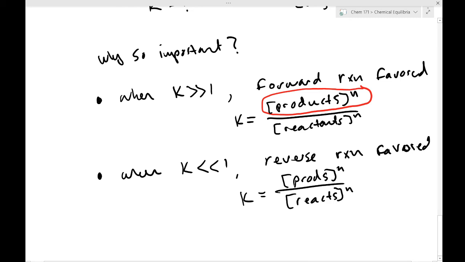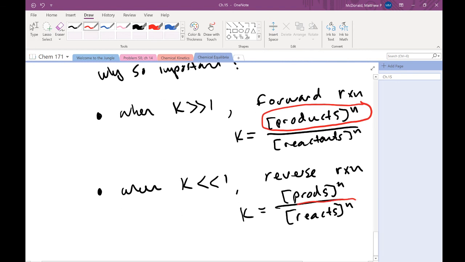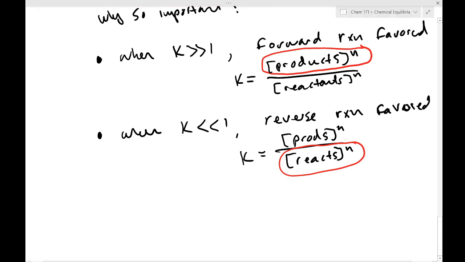Okay, and in this case, it's much less than 1, which means that the denominator is dominant. Okay, so that means that the reverse reaction is favored. There are more reactants present, the concentration is higher, and therefore K is much less than 1.